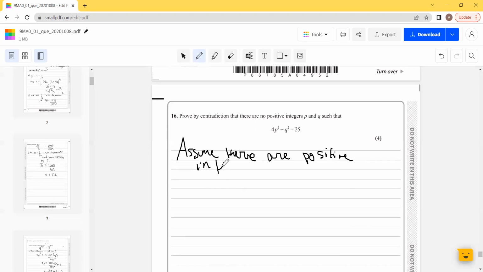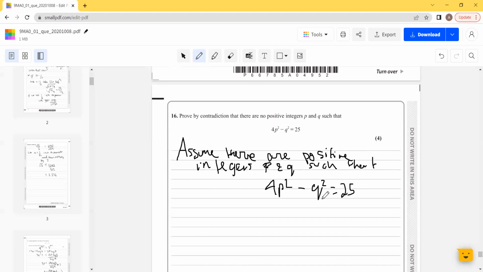Then we have to find some sort of way to contradict our statement. But let's see how we go about doing this. Such that 4p squared minus q squared is equal to 25.